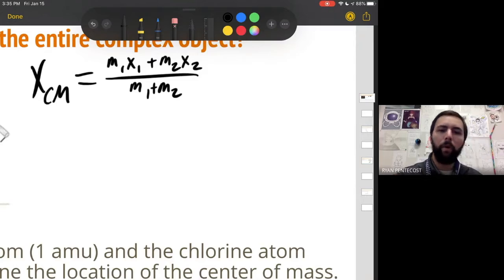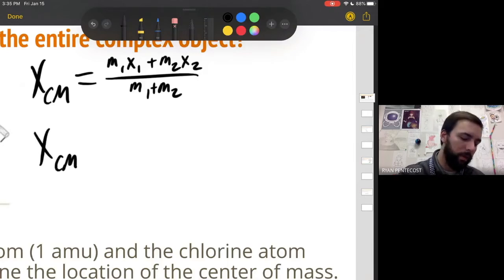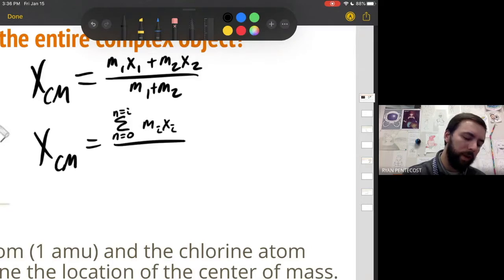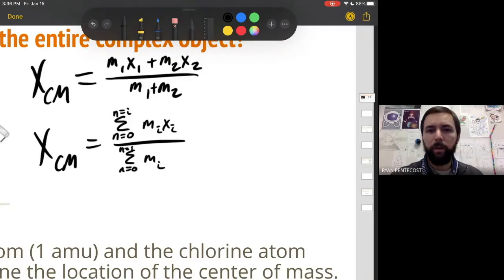Now, if you have a more complex object, say there's tons of particles, like a body, then it gets a little bit more complicated. We'll set this up as a sum from n equals 0 to n equals I of mi xi divided by the summation of n equals 0 to n equals I of mi. This is a summation.